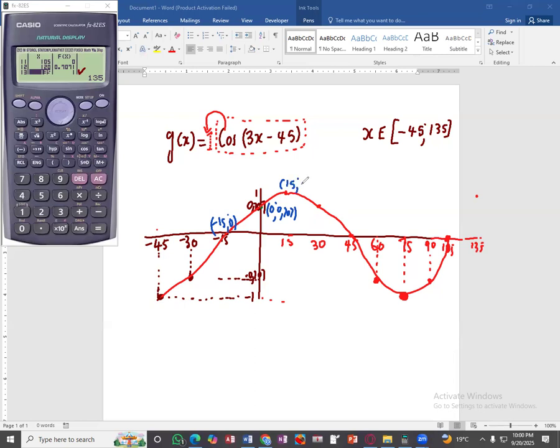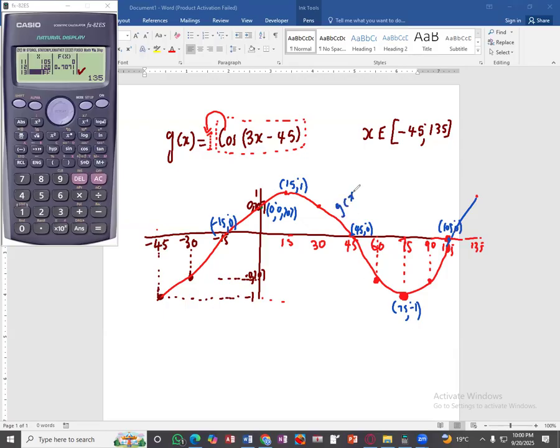It's 15 and 1. This point is the x-intercept. Show it. 45 and 0. This is 75 and -1, the turning point. Show it. This is the x-intercept. It's 105 and 0. You must show it. Yes, so this is the graph of g of x.